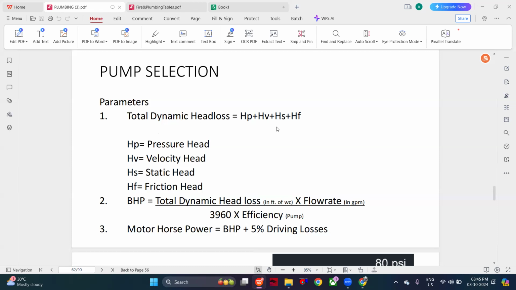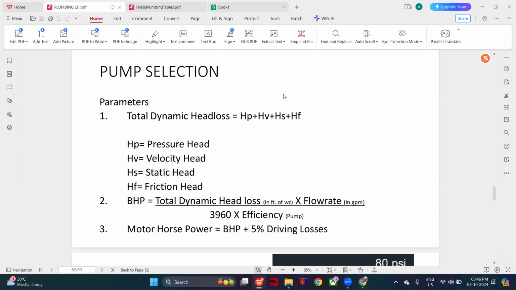Next thing is pump selection. It is an important one. If you're doing this calculation, you can use it anywhere. If you're doing it as a normal engineer, you have to know this.